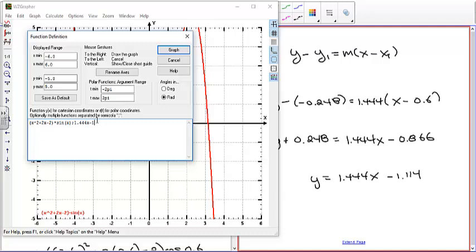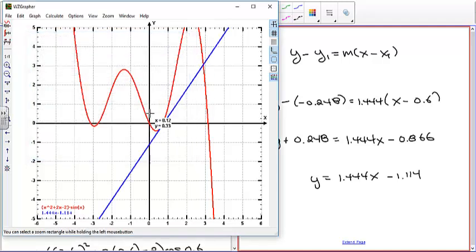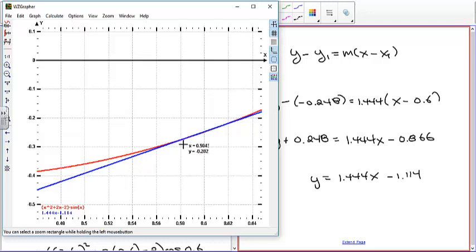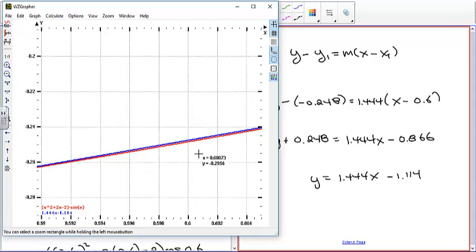1.444x minus 1.114, and that looks pretty good. So you can see right here my cursor is about 0.6. So yeah, it looks pretty good, doesn't it? So if you go to here to 0.6, you can see that, well, actually it's slightly off, isn't it?